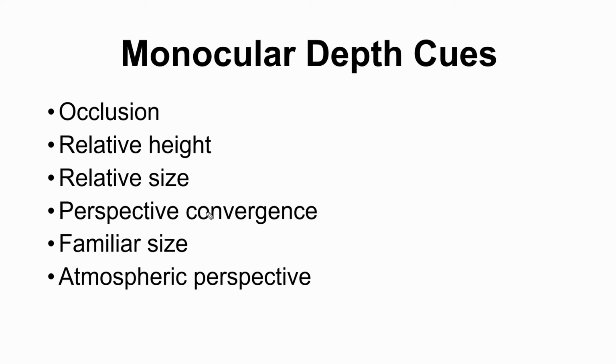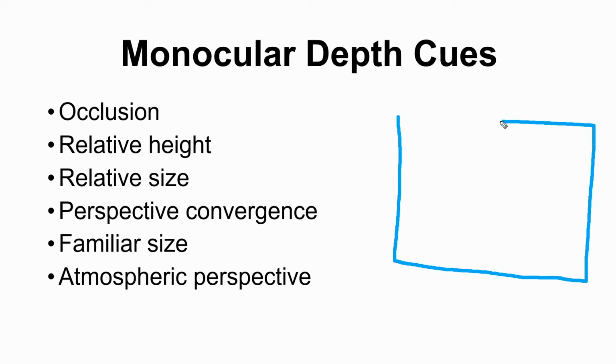Next, we can look at perspective convergence. This is another one that works really well with drawings. If you have ever been in an art class and they've asked you to draw a horizon line and a vanishing point, and then you draw something like a street or railway tracks that seem to vanish off into the distance. I know I had to do a ton of these when I was in grade school.